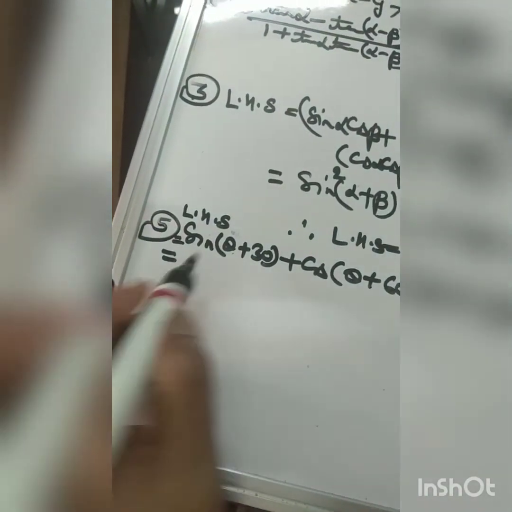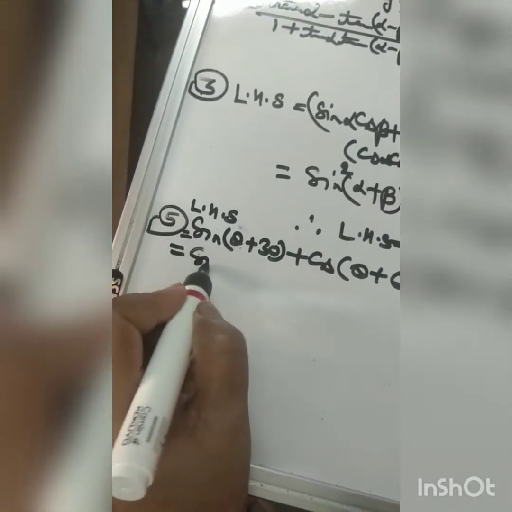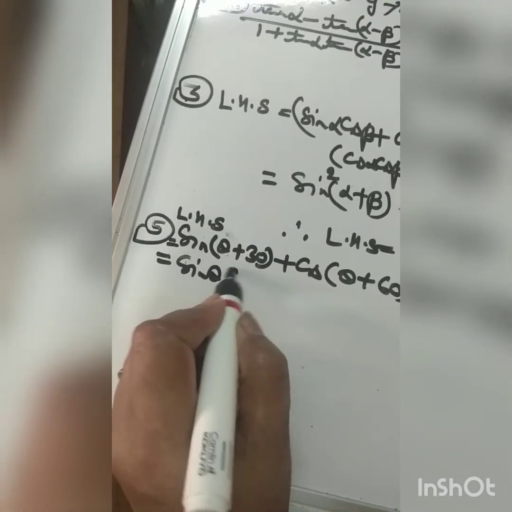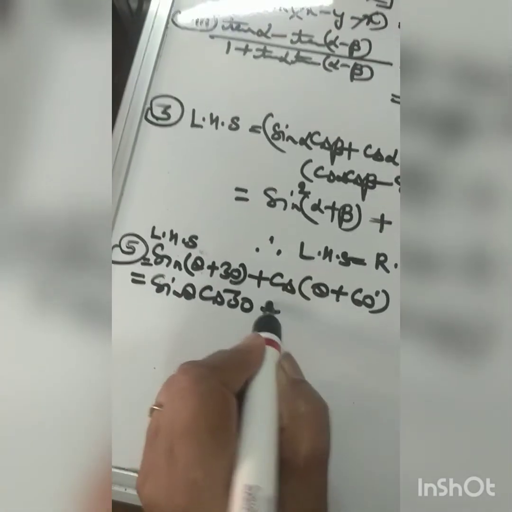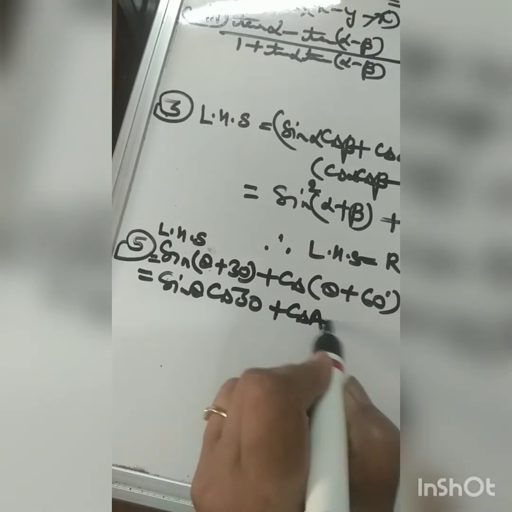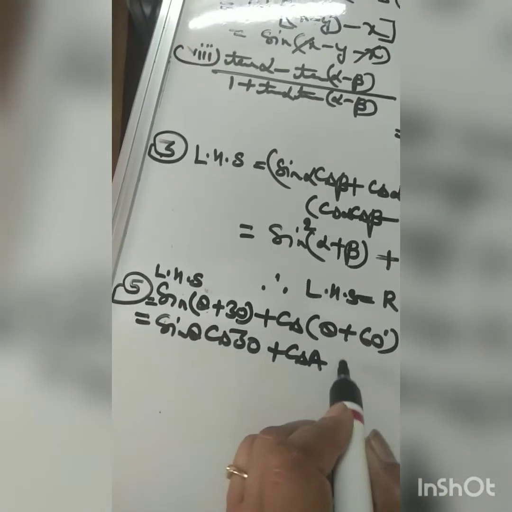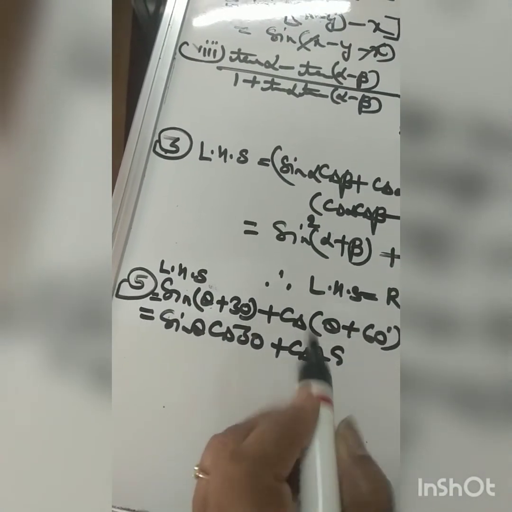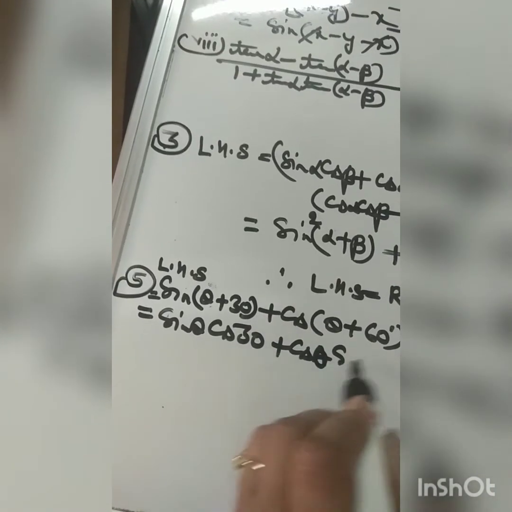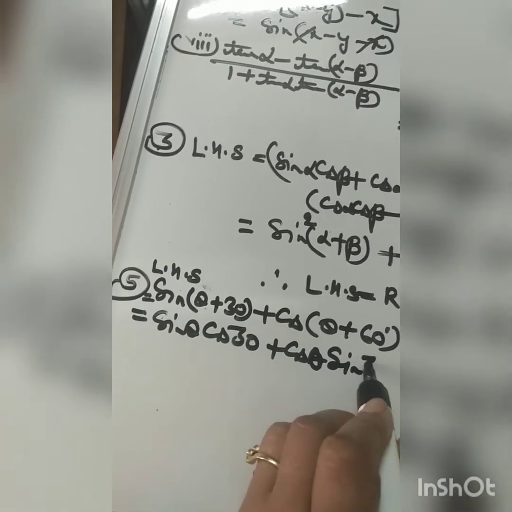The left hand side is equal to this. Now sine of A cos B plus cos A sine B, cos A means cos theta, sine 30.